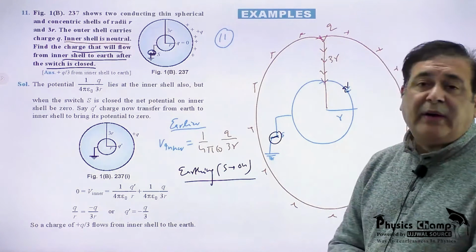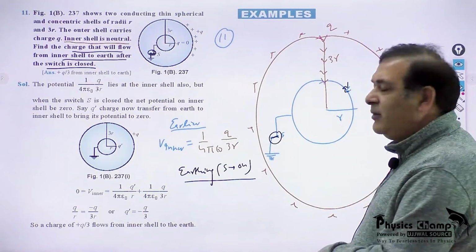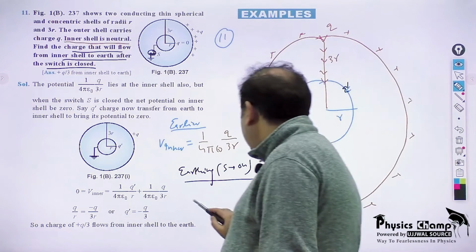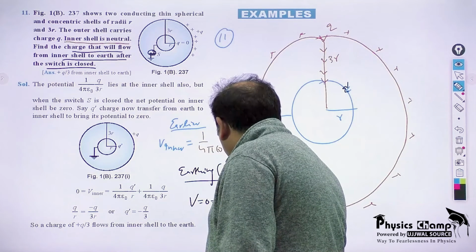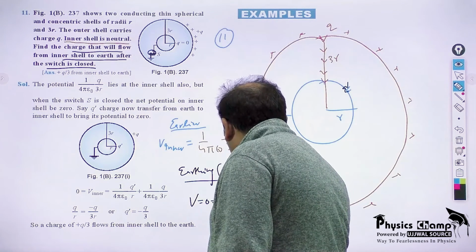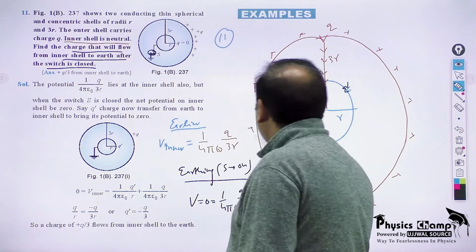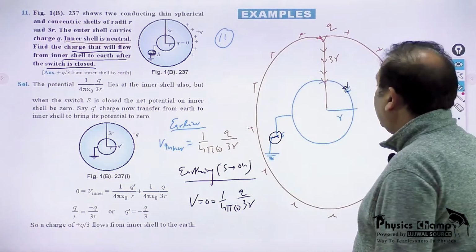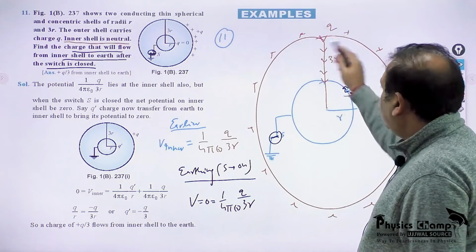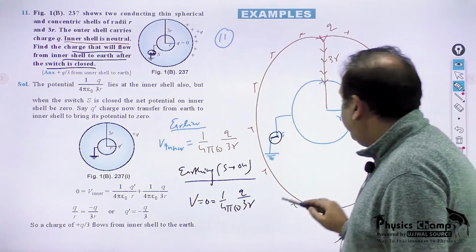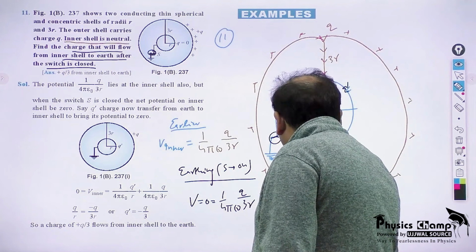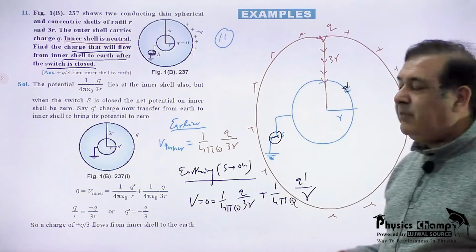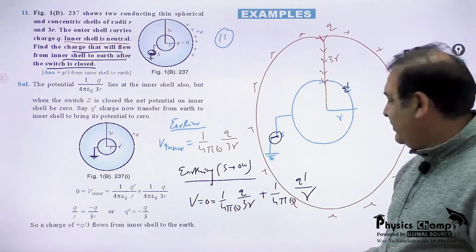Let's find how much will be the charge on the inner shell now. The potential on the inner shell has to be 0, and it will be 1 by 4 pi epsilon naught q by 3r from the outer shell, which will carry on, plus 1 by 4 pi epsilon naught into q dash by r, as there may be a charge q dash now.